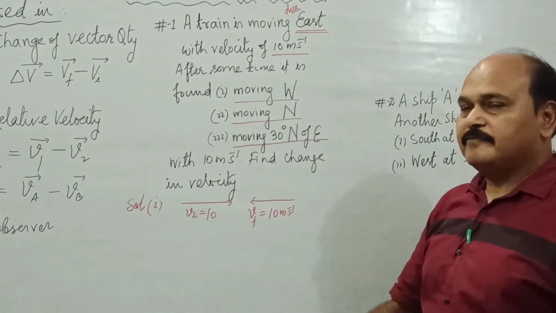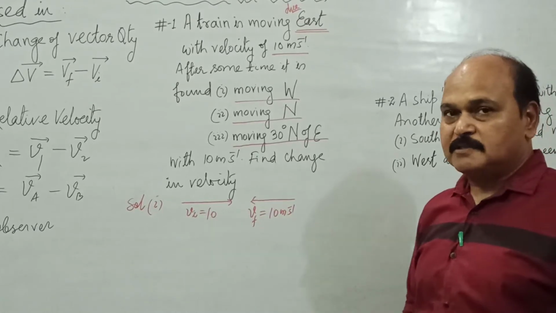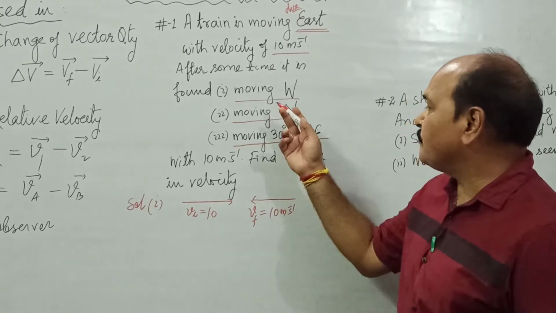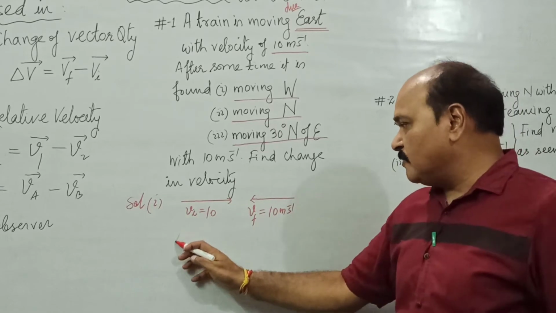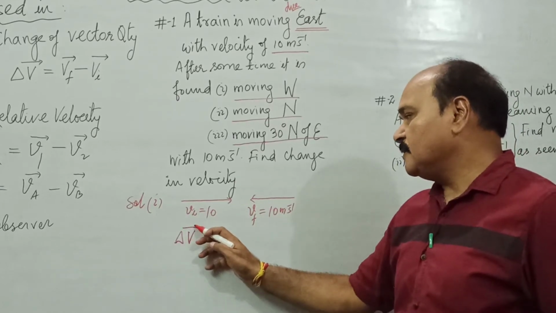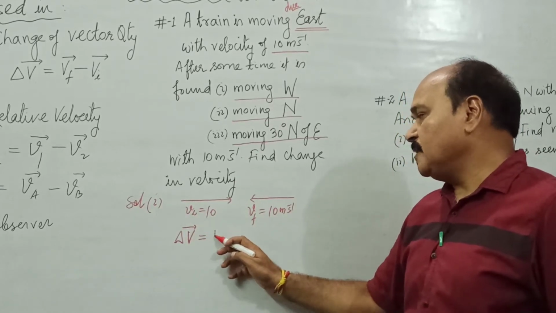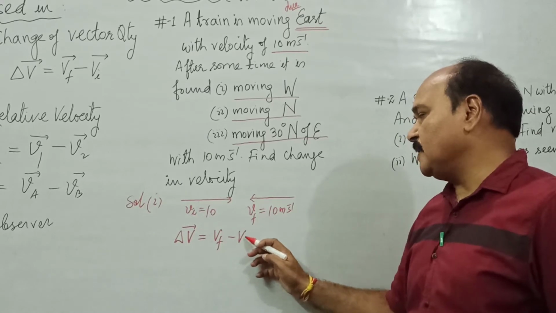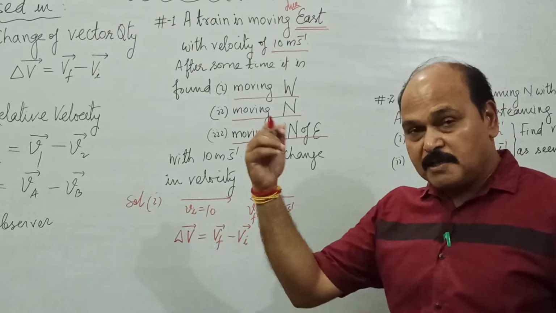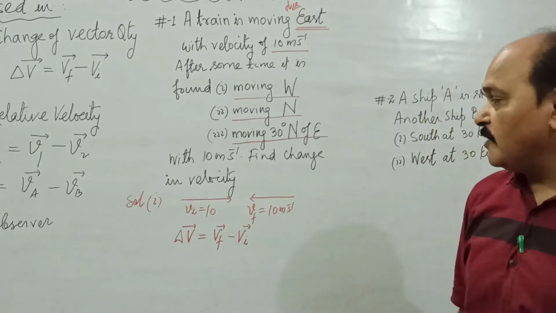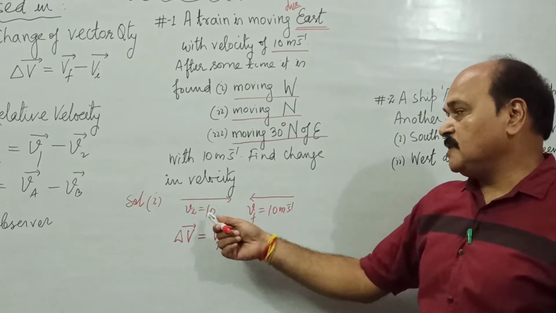So this is VF. These are the original vectors. We are supposed to find the change in velocity. That means we are going to find delta V, and this delta V is going to be VF minus VI. Change of any quantity is its final value minus initial value. If it is change of velocity, it is final velocity minus initial velocity.